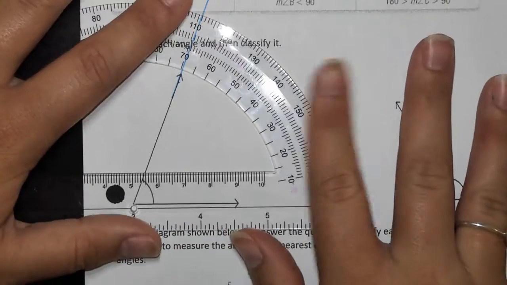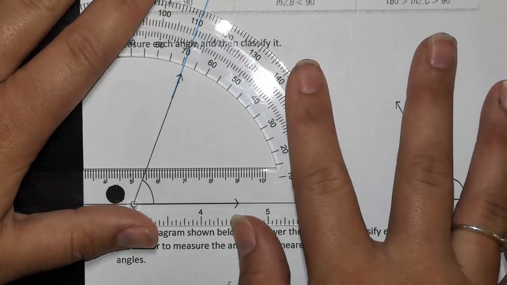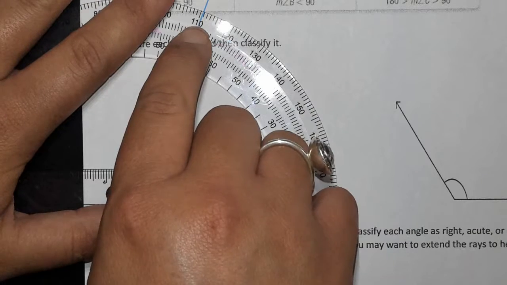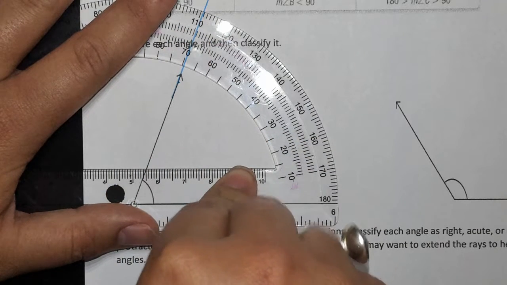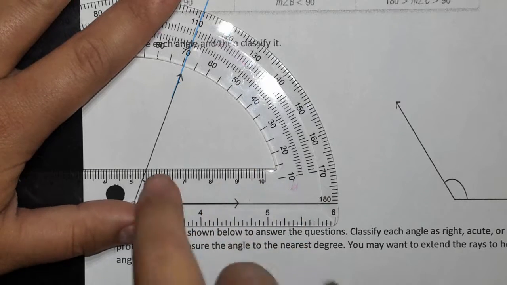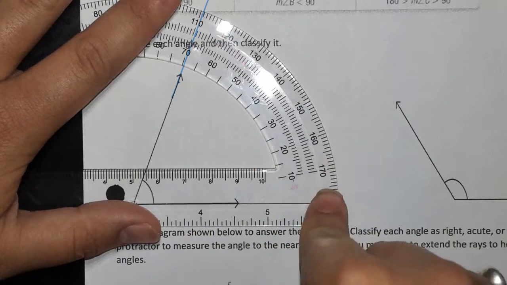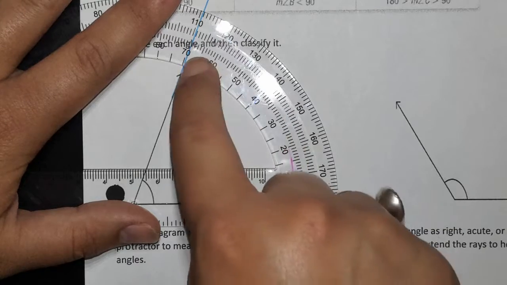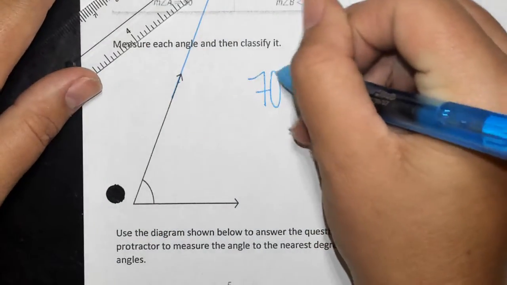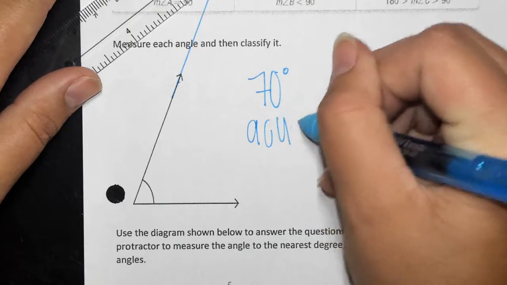So look, this is where third period got the most confused. There's two sets of numbers. There's 70 and 110. This is acute. Can it be 110? No, because that's greater than 90. So if your angle opens from this side, you have to read the bottom. So how many degrees is this angle? 70, and it was acute.